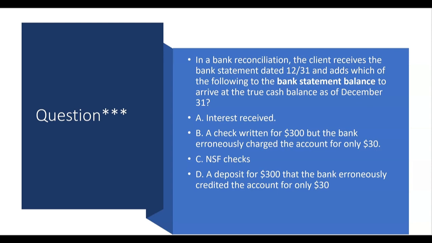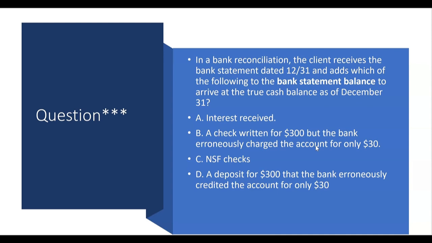What about B? A check written for $300, but the bank erroneously charged the account for only $30. So here's a bank error for $270. Is that going to result in us adding to the bank statement balance the $270 difference?